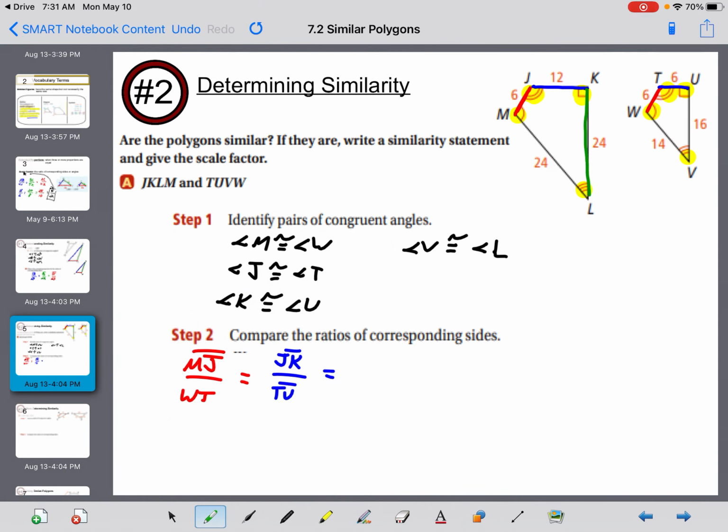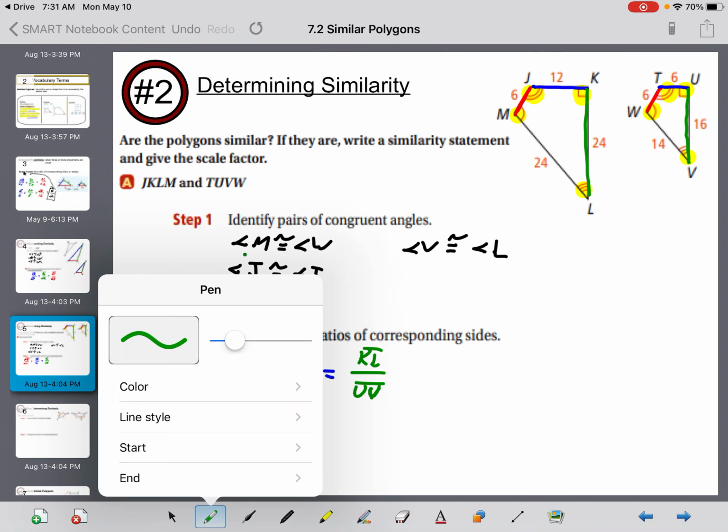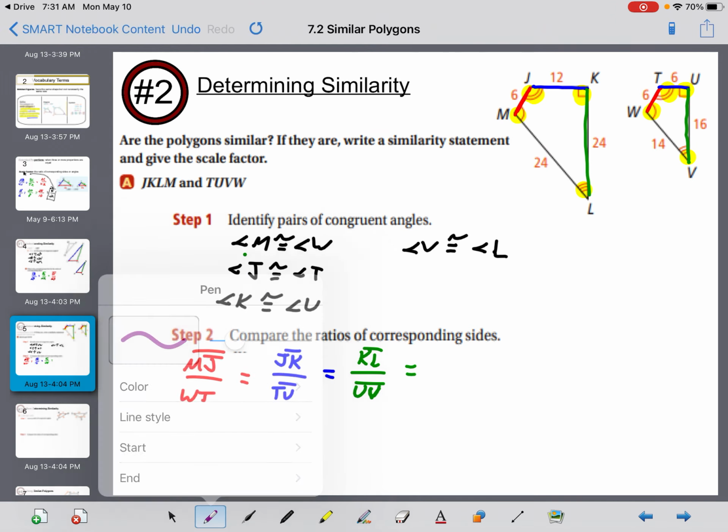We have KL proportional to UV. And what else do we got? ML proportional to WV.